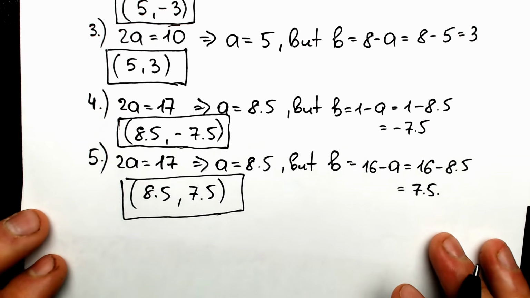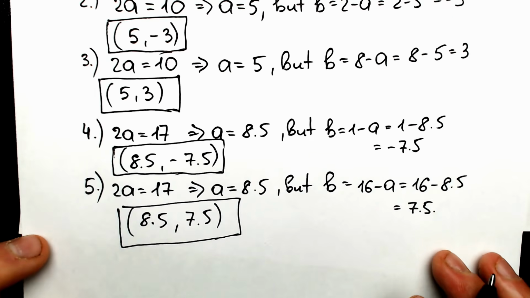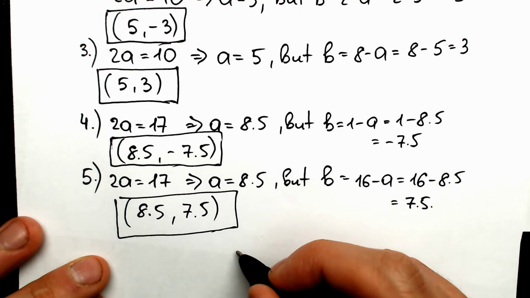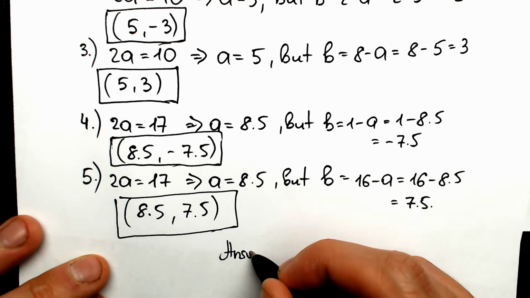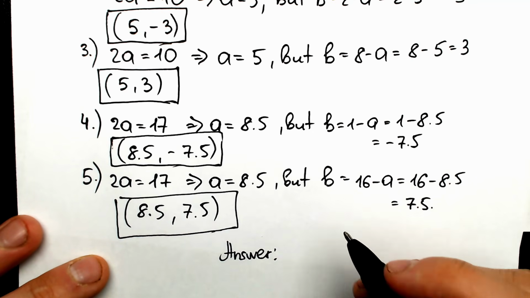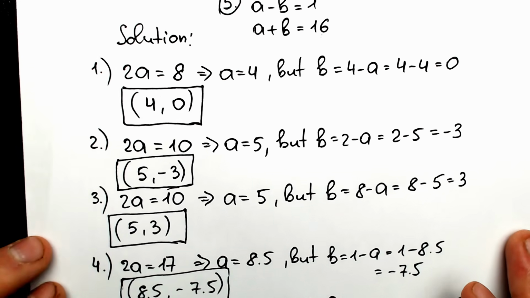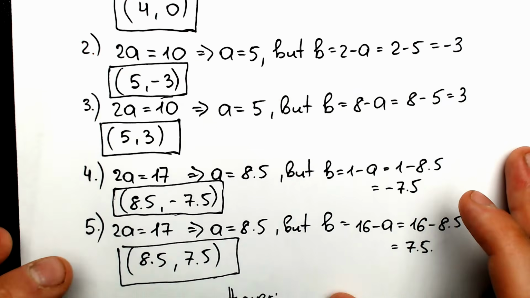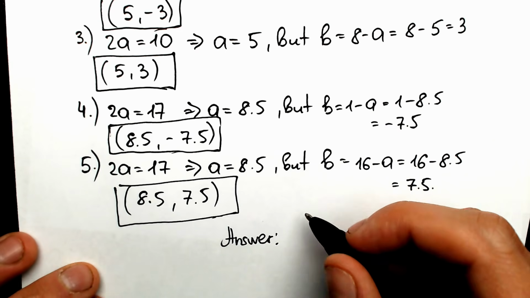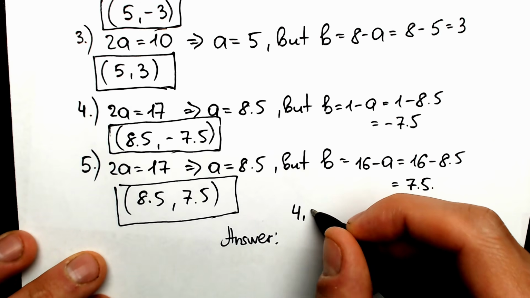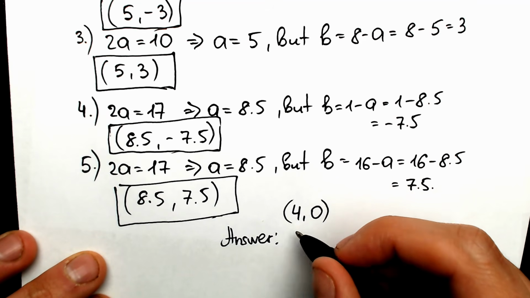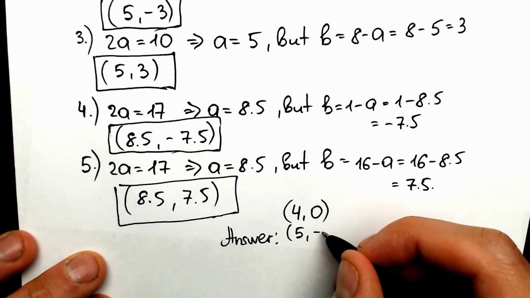So let's group everything together and write our final answer right here. I'm going to start with 4, 0, 5 minus 3, 5, 3. We have 4, 0. This is the first pair. Second pair, we have 5 and minus 3.